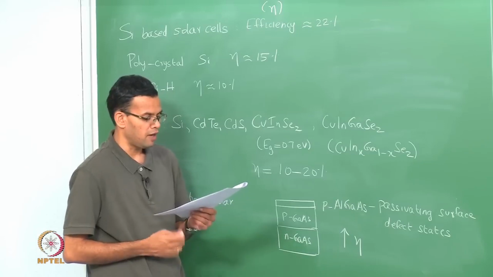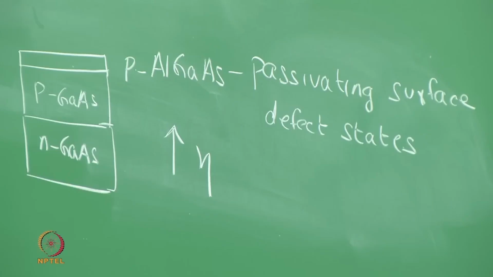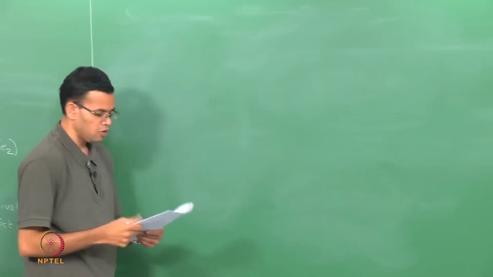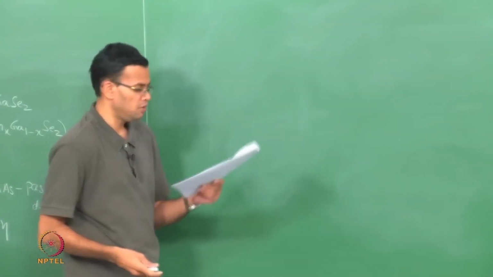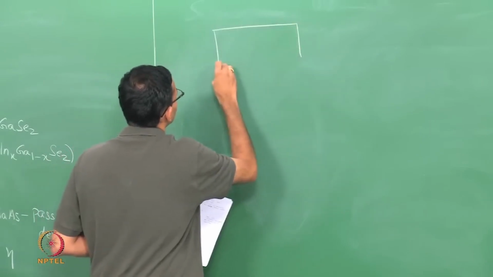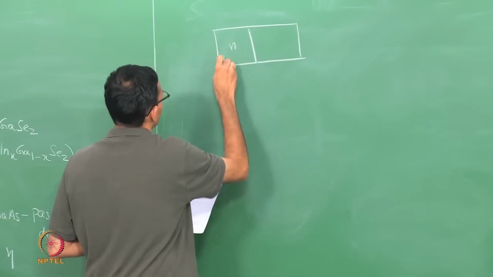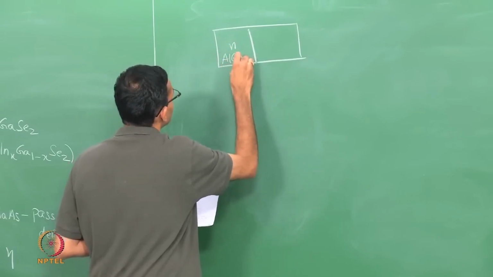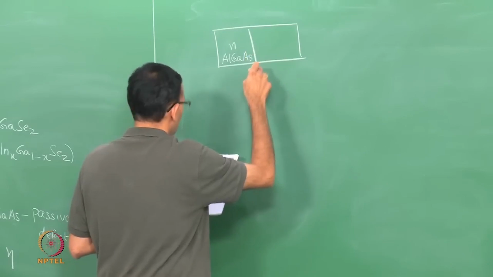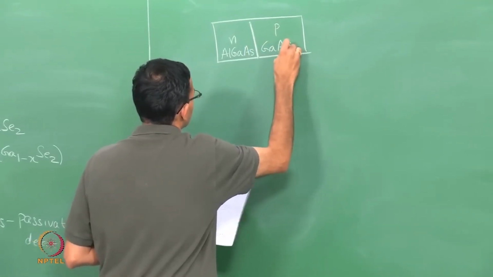So, you can also have other designs for p-n junctions. So, you can also have a p-n junction between different materials. So, you have n aluminum gallium arsenide and p gallium arsenide.